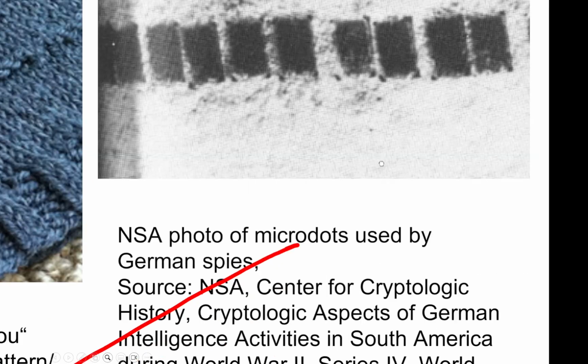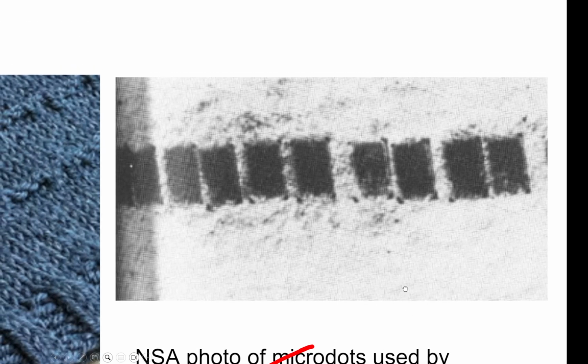And this is also very nice. This is from some NSA photos of German spies, showing how they communicated. You see there are some messages hidden. There are some blacked-out letters where you cannot see the text, but the black parts of the letters are not the code. What you can see is that you have a black dot here, a black dot there, and in the corners you have black dots.